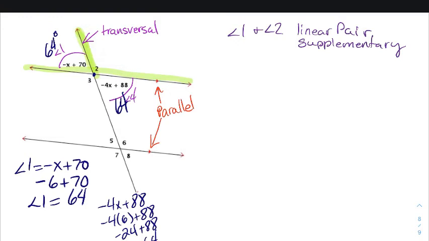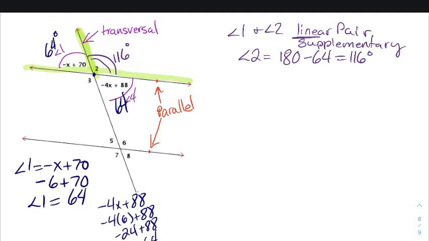So they are supplementary because they form a line. That's our key there, line, L-I-N-E. That should be a hint. So we already know that angle 1 is 64. To find angle 2, we would take 180 and subtract the 64, which is 116 degrees.